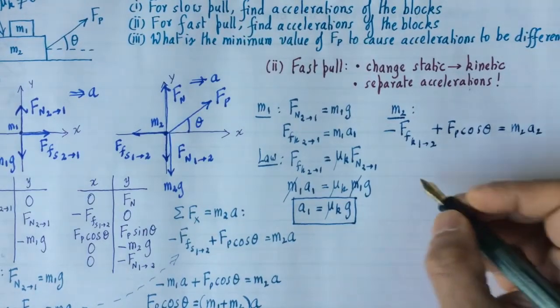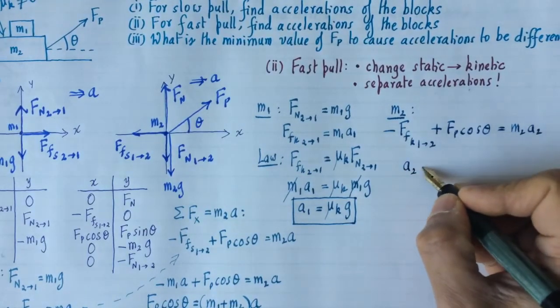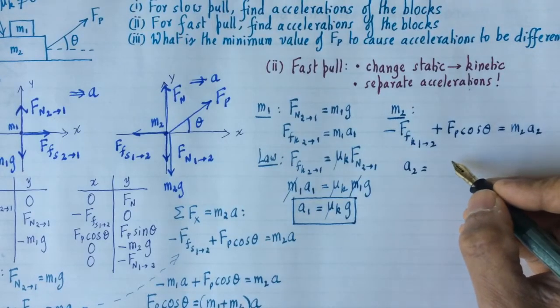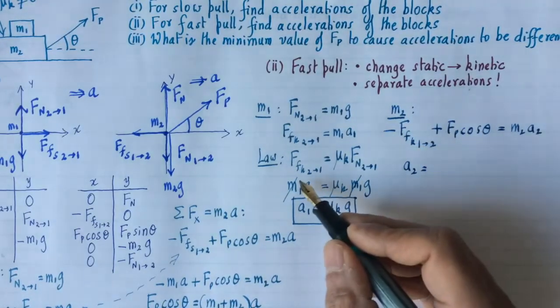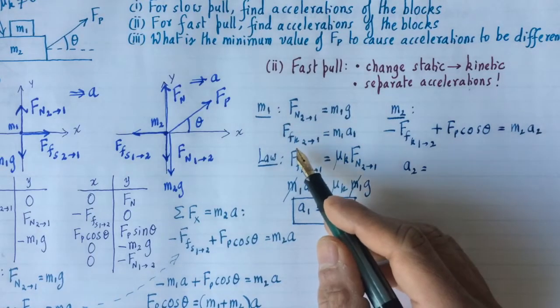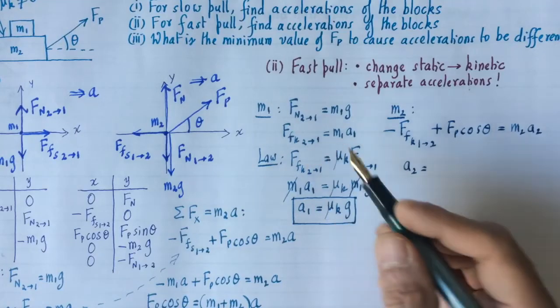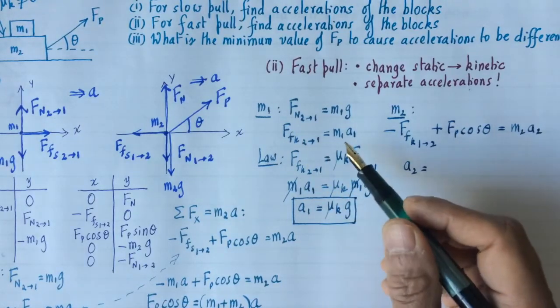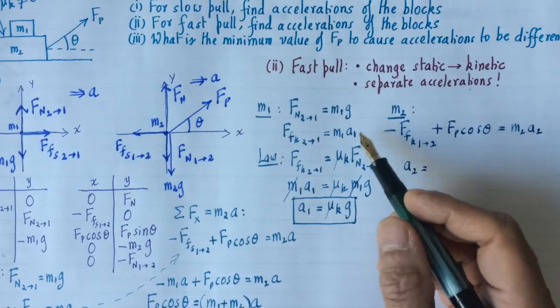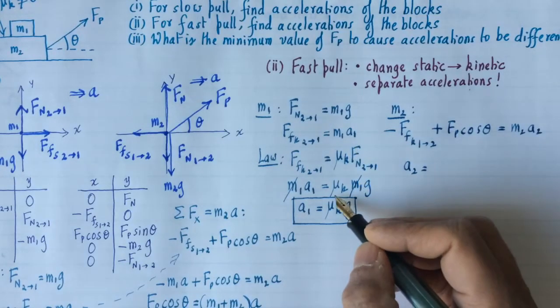I divide it by m2 next, so I get a2 then. For FFK 1, 2, I'm going to use Newton's third law. FFK 1, 2 in magnitude is the same as FFK 2, 1, and FFK 2, 1 is just mu kinetic times m1g.